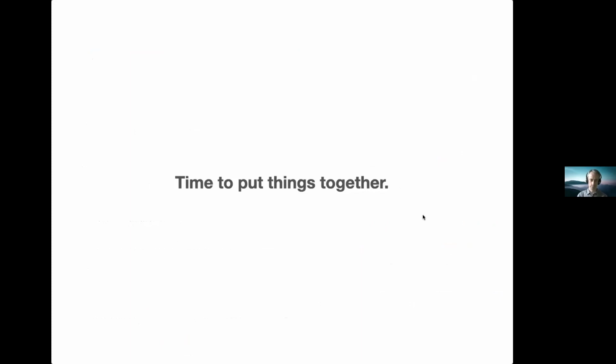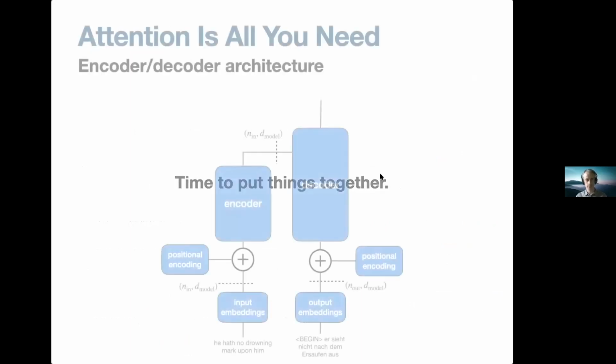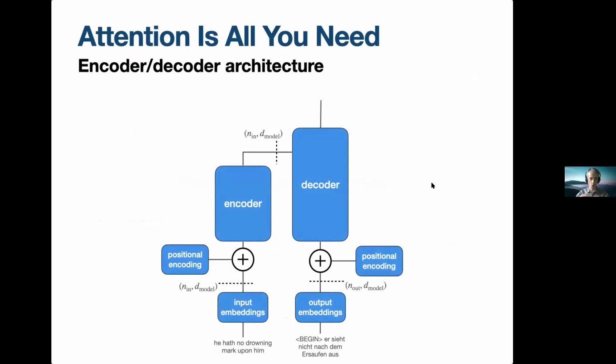Okay, so now we have all of our ingredients. It's time to actually put things together into a model. The overall architecture of the model is a standard encoder-decoder architecture. During training, we have two different inputs: the input that the model is going to use as a basis for inference, and the target output, the desired output.